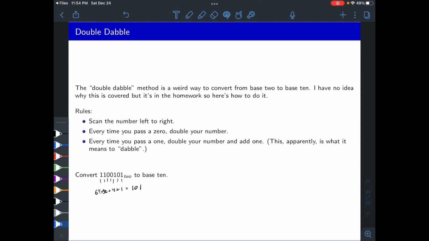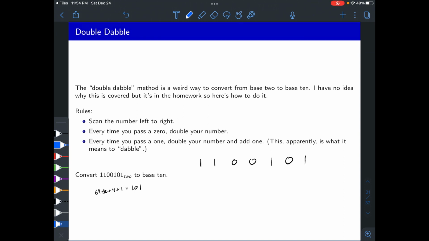Or you could do the double dabble method. I'm going to write it over here, and spread the digits out a little bit to demonstrate.